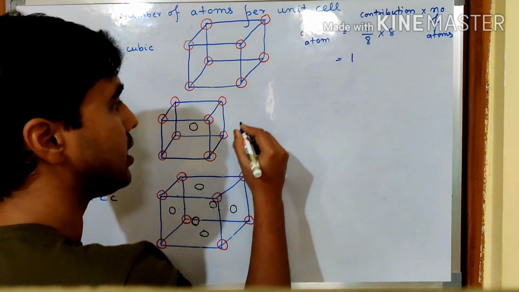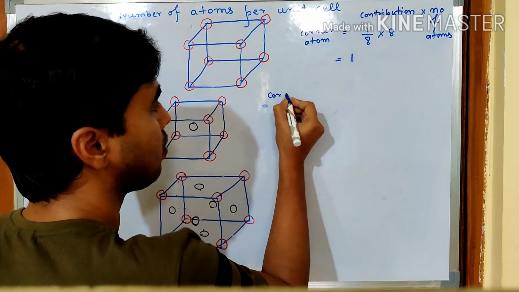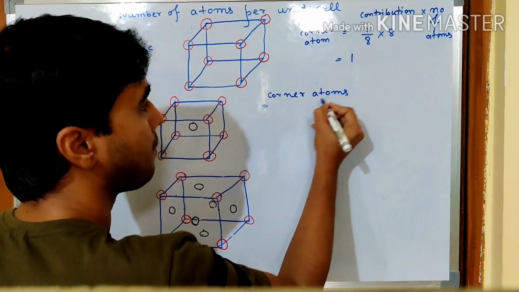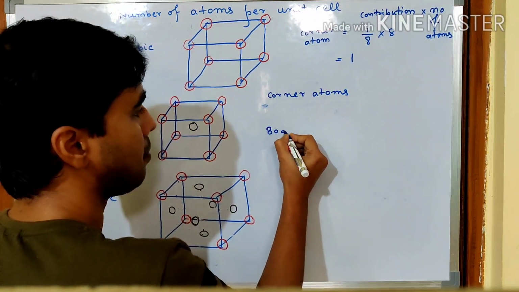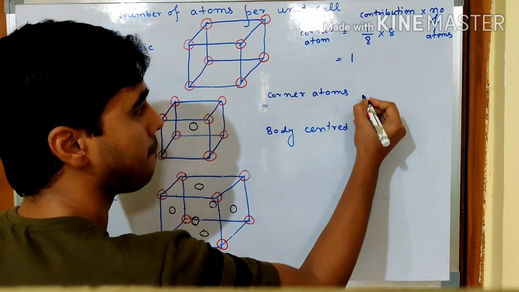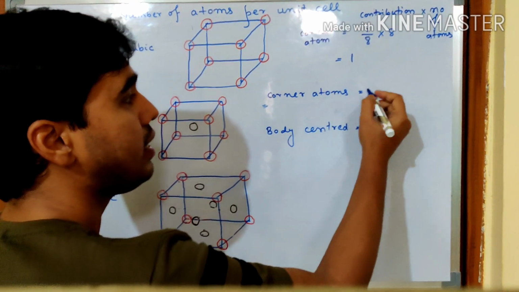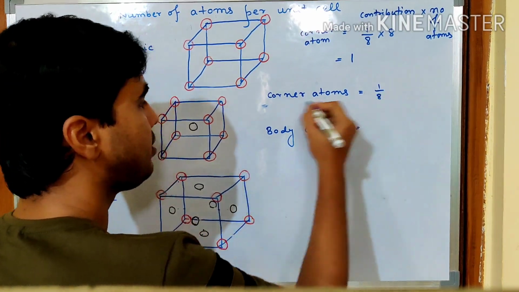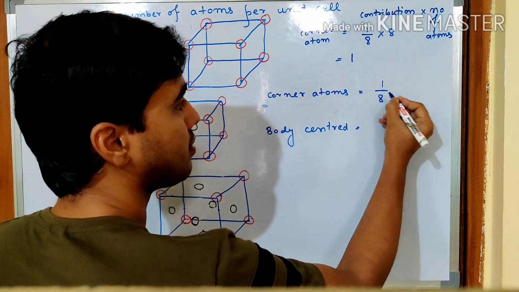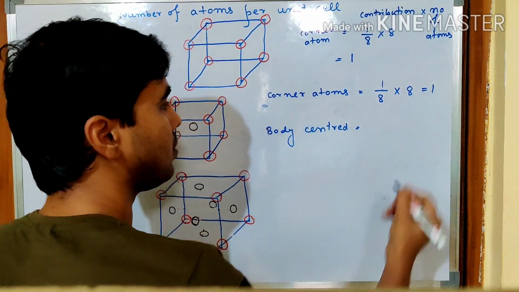In case of BCC, there are 2 types of atoms. One is corner atoms and one is body centered. So for corner atoms, same logic, each contributes 1 by 8, and there are 8 atoms together, so the contribution is 1.